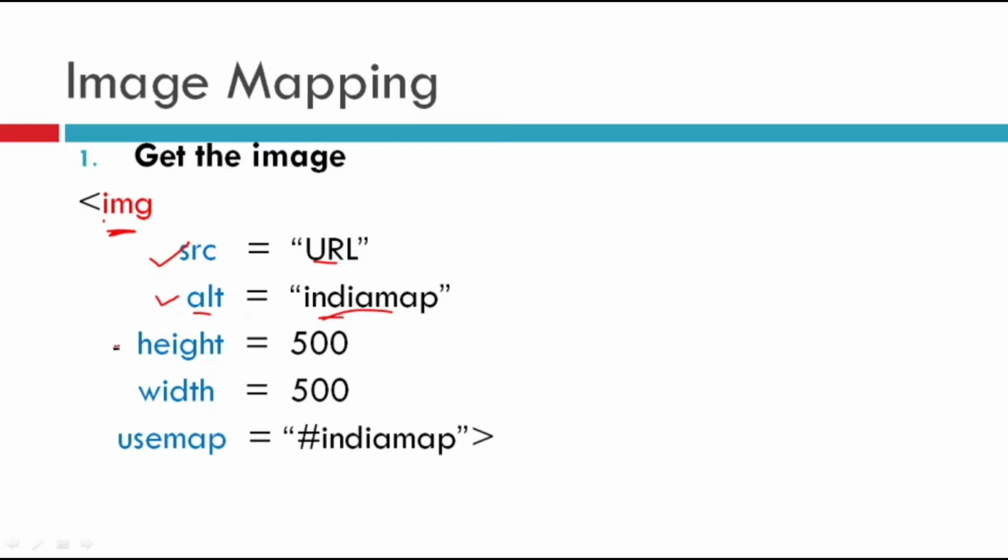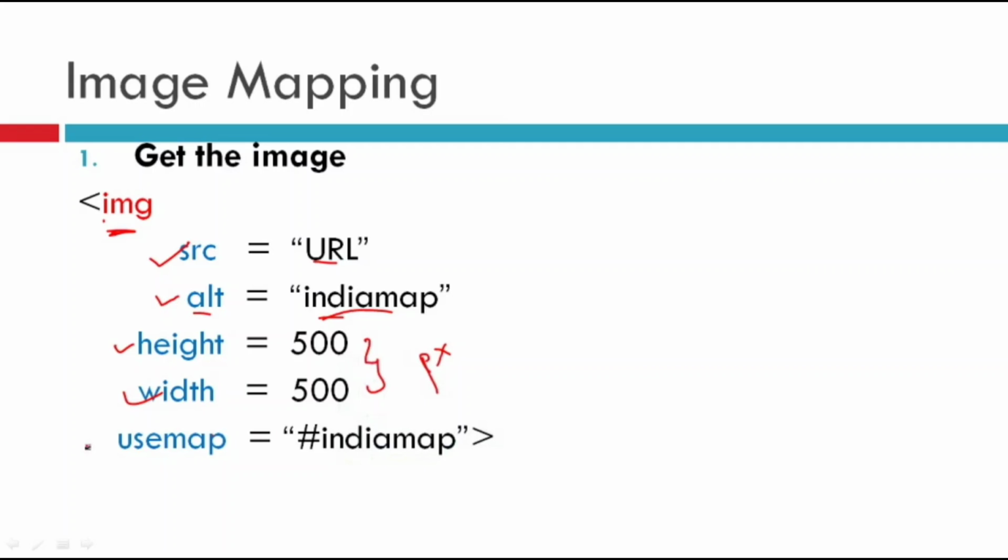The next attributes are height and width. These values can be given in pixels. Whatever height and width you want to specify will be taken in the unit of pixels. You will have to consider the height and width for calculating the coordinates, because this is going to play a very important role.